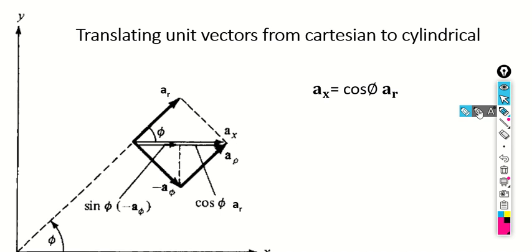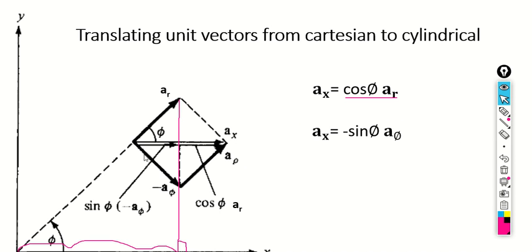If I draw a perpendicular from here onto x, this distance is nothing but ar cos phi. Likewise, if I want to transform a phi in the direction of x, the component of a phi in the direction of x will be minus sin phi into a phi. Using these two, when I want to find the ax unit vector in terms of ar and a phi, it will be the combination of the two terms.